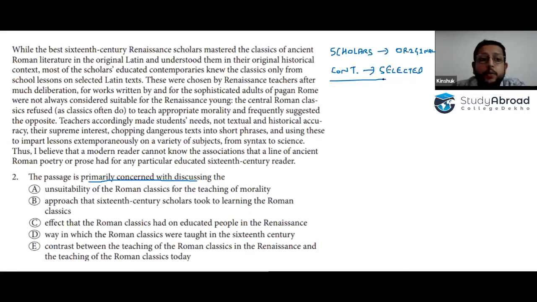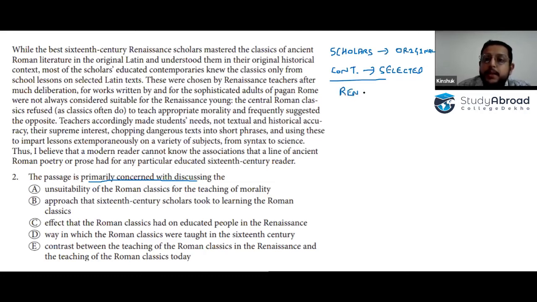The central Roman classics refused to teach appropriate morality and frequently suggested the opposite. So what is happening here? Renaissance teachers had to deliberately choose these texts. Why? Because the central Roman classics refused those texts to be suitable for the Renaissance young. So what happened here? They opposed, right? So Renaissance teachers were opposed.